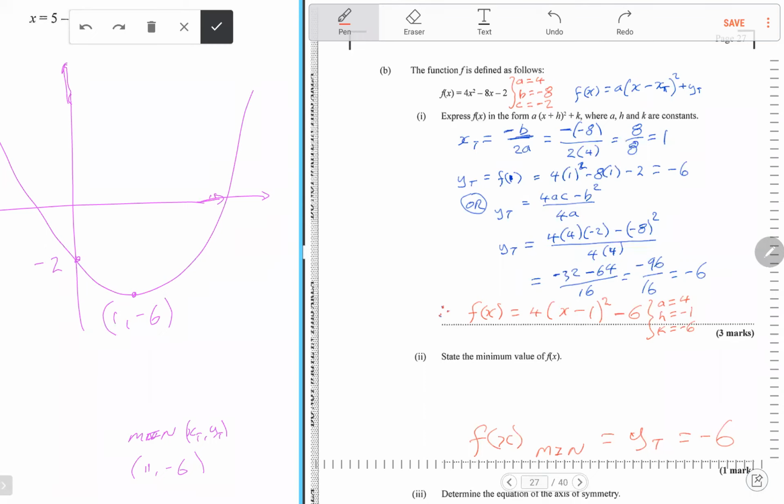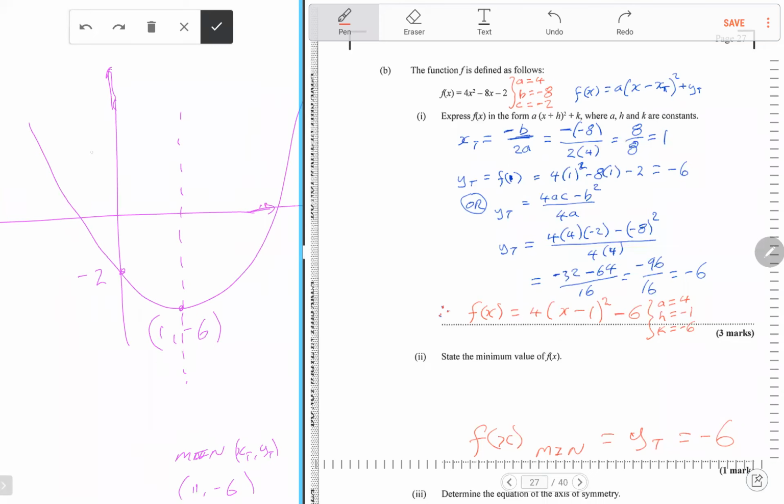The axis of symmetry now is a vertical line passing through the turning point, because the axis of symmetry divides the graph into 2 equal halves. The equation of this line is x equals 1, because this point's x value is 1, and a vertical line through there is x equals 1.